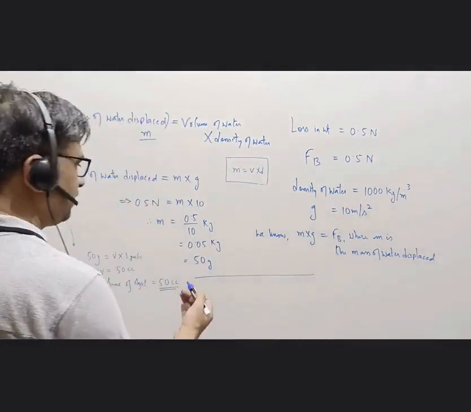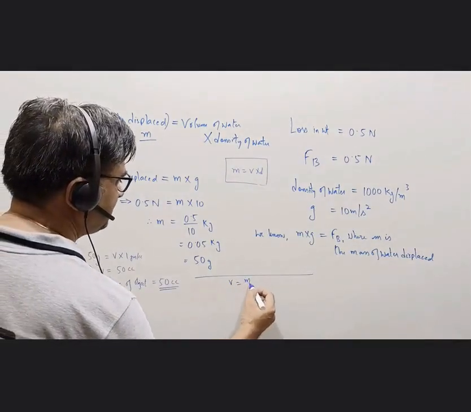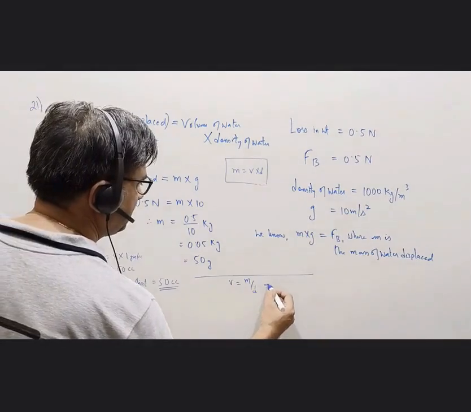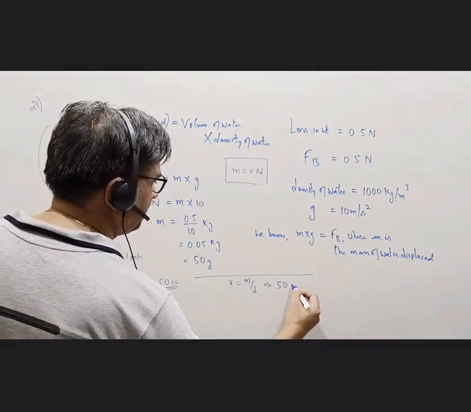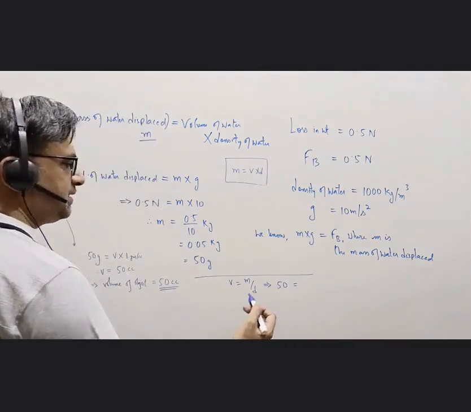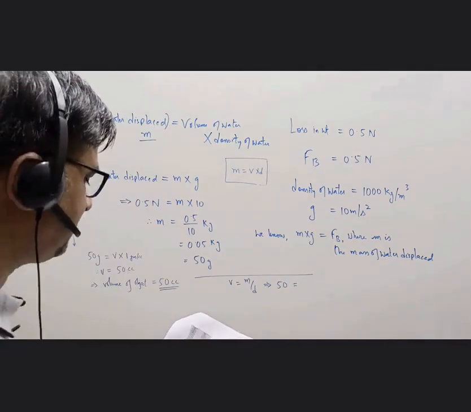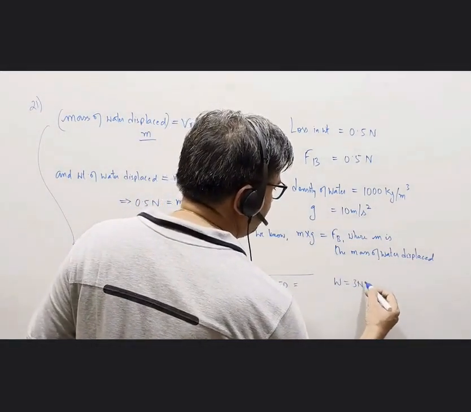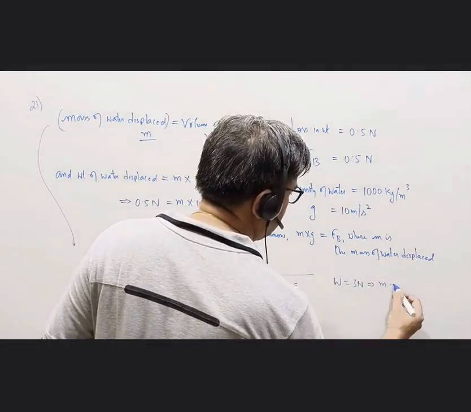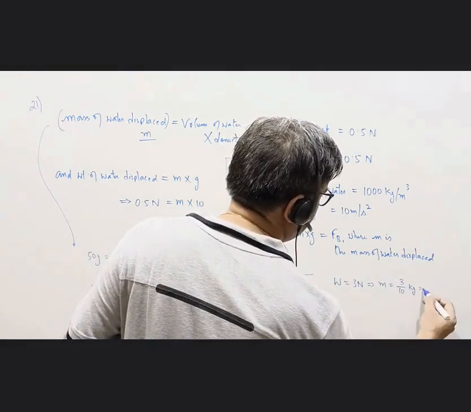So volume is given by mass by density. Now in this case, volume we found out to be 50, and mass is not given, but we can find out. The weight of the object is 3 newtons. So that gets us what? The mass will be 3 by 10 kg, and that is equal to 300 grams.